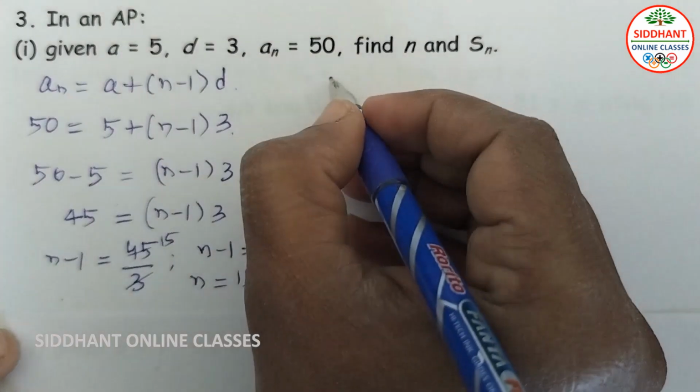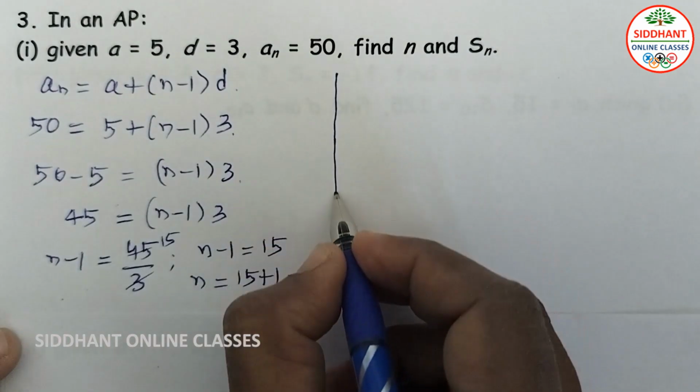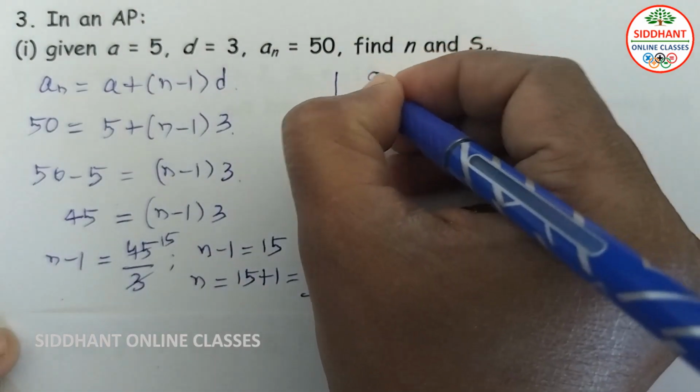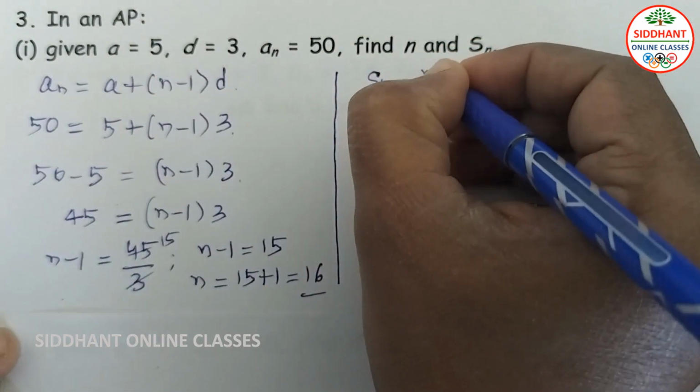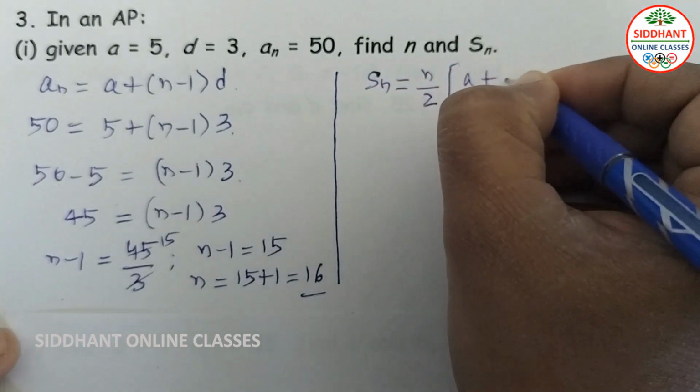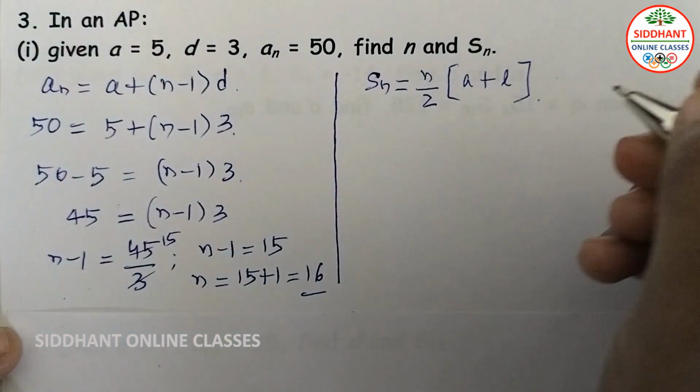Now we are going to find the sum value. Sn equals n by 2 into a plus l.